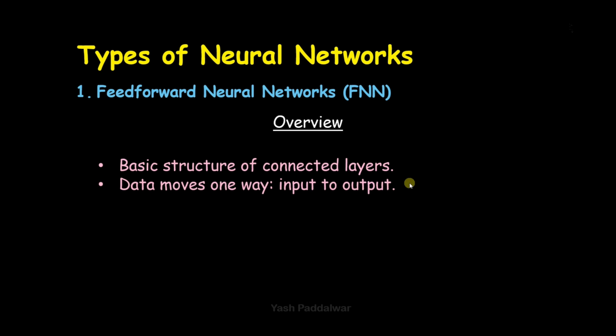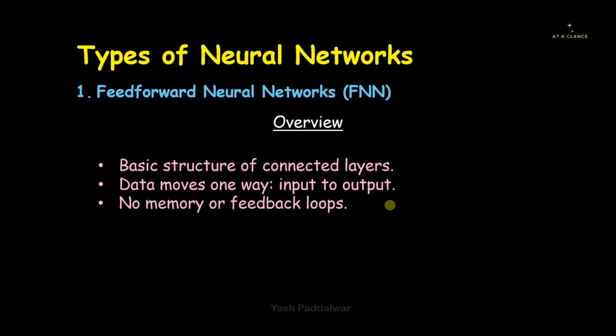The highlighted feature of FNN is that the data moves only one way. That means from input to output. It does not move in reverse. Here we don't have any feature like memory or feedback loops. Since this type of neural network doesn't have any memory, it cannot store important features.